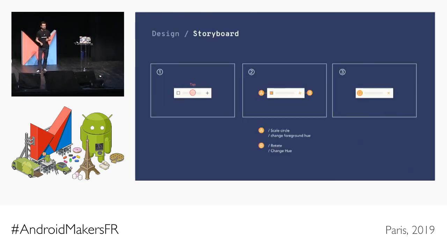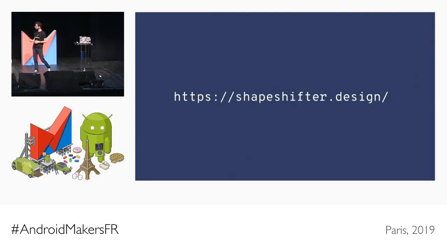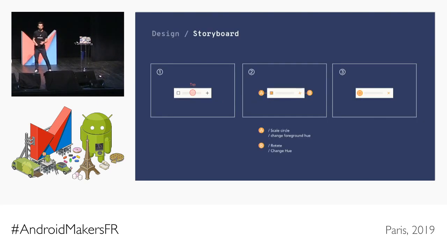When I think about an animation, I try to use a storyboard. Storyboard is quite a good technique, especially for designers, to break down the different steps of an animation so that we don't forget any of the elements, because there could be complex animation.